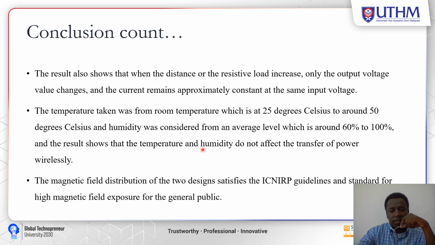And the result doesn't show any difference. Actually, there is not much effect. The temperature and humidity do not have much effect on the wireless power transfer. Also, the magnetic field distribution of the two designs satisfies the ICNIRP guideline for the standard of high magnetic exposure for the general public.